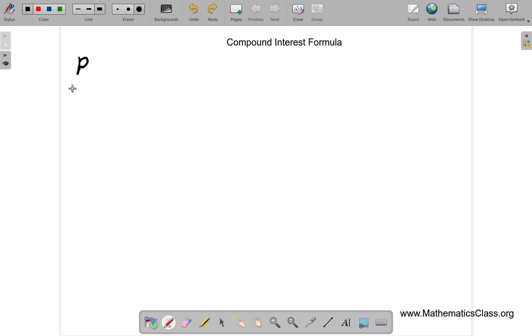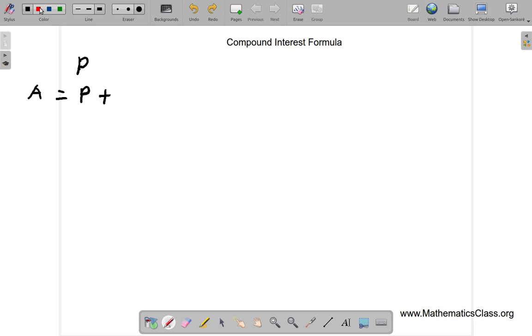Now, the amount of money you have after you get your first payment of interest is equal to what you had before plus the interest.